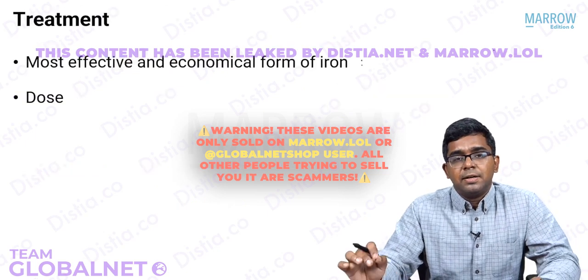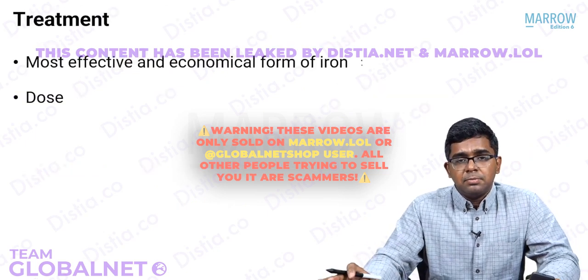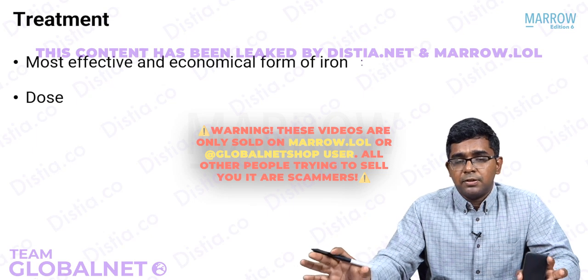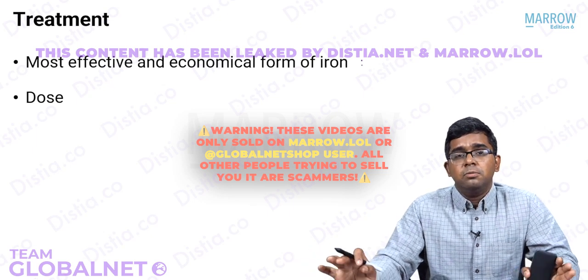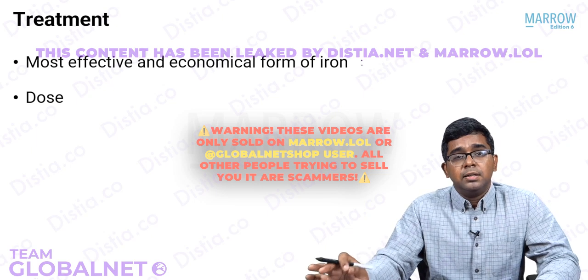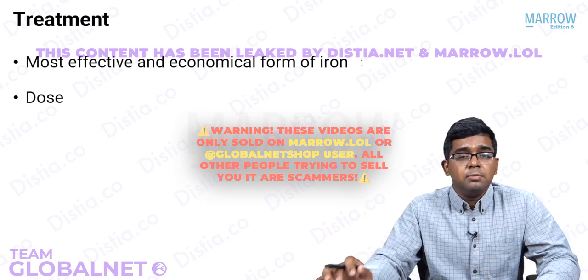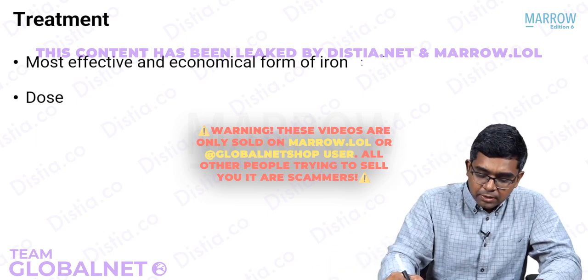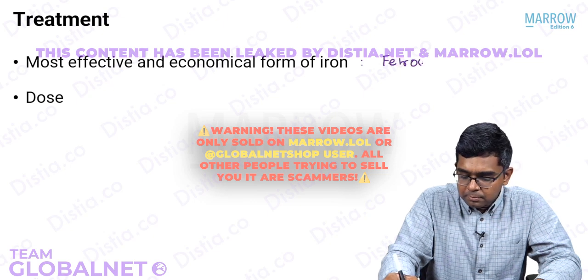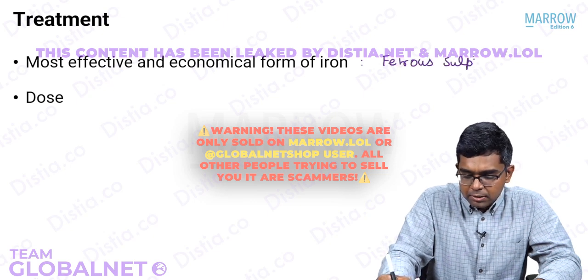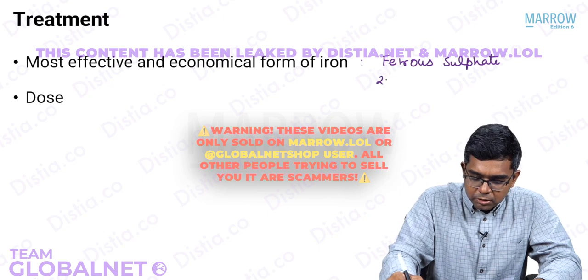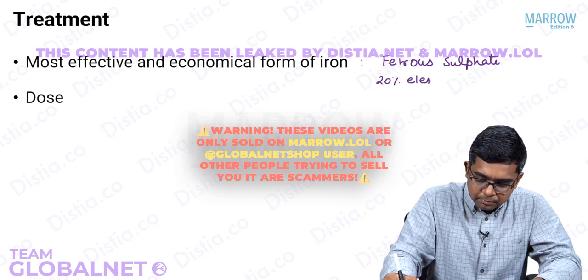Now coming to the treatment of iron deficiency anemia, please remember that oral iron is usually preferred for treatment. There are so many formulations of iron available, but the most effective and the most economical form of iron is ferrous sulfate, which contains 20% of elemental iron.